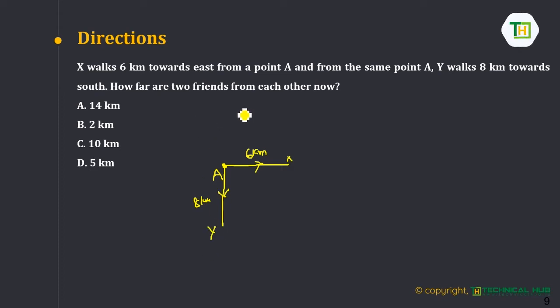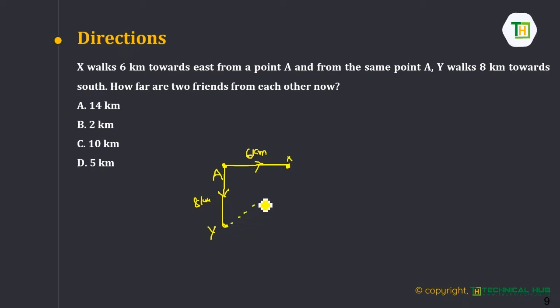So how far are the two friends from each other? Two friends means X and Y. From the same point, X walks 6 km towards east and Y walks 8 km towards south. So this is the X position and this is the Y position. What is the distance between the two friends X and Y?